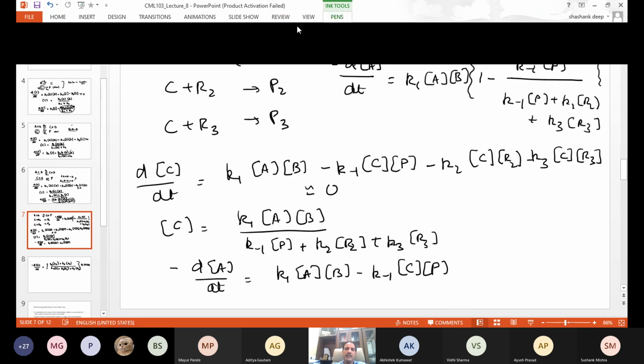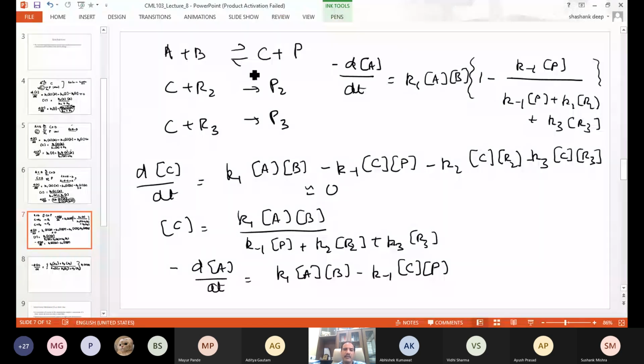Suppose I have written A plus B going to C plus P. C is reacting with R2 to give P2, and C is reacting with R3 to give P3. Okay.